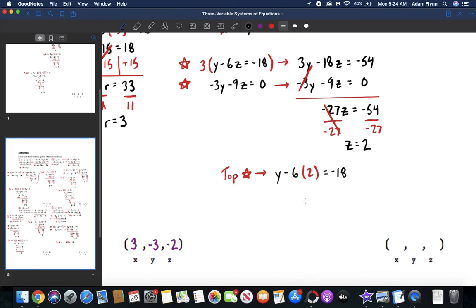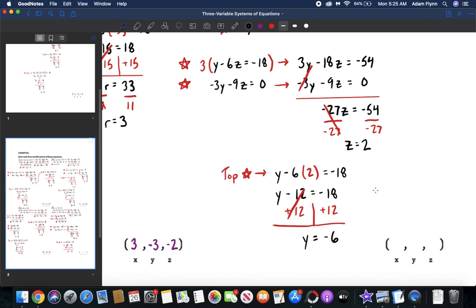If I simplify, I get y minus 12 equals negative 18. I can add 12 to both sides. When I do that, 12s cancel on the left. So I get y equals negative 18 plus 12, which is going to be negative 6.